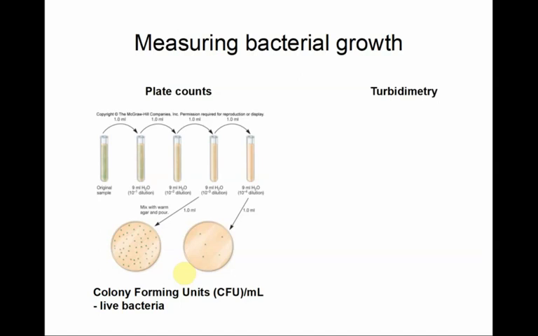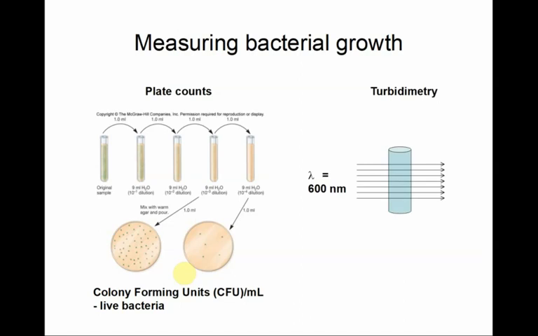So CFU per ml gives you a measurement of the number of live viable bacteria in a sample. The other way to measure how many bacteria you have is to take a turbidity measurement. If you shoot light through a liquid at a wavelength of 600 nanometers, a clear solution transmits all the light.